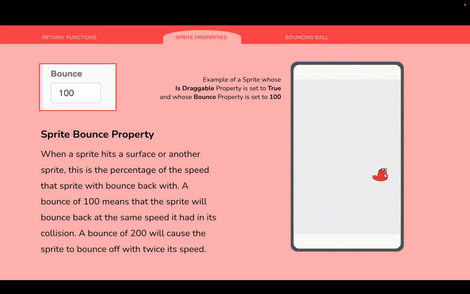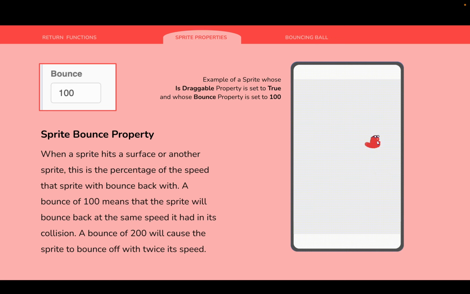And if you had a bounce value that was less than 100, then every time the sprite bounces, again either on another sprite or on the edge of the stage, its speed would decrease. So if, for instance, your bounce property was 50, it would become half as fast with every new bounce. So it would slow down over time.